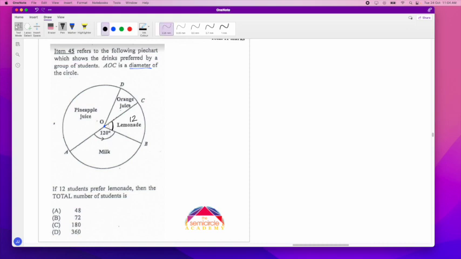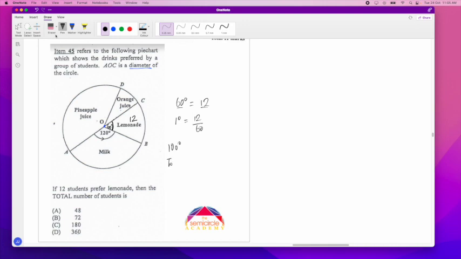So we have a 60 degree angle here, and 60 degrees is equal to 12 people, because 12 students prefer lemonade. So 12 students is 60 degrees. Therefore 1 degree will be 12 on 60. You divide both sides by 60. And so therefore 100 degrees, which is the total.